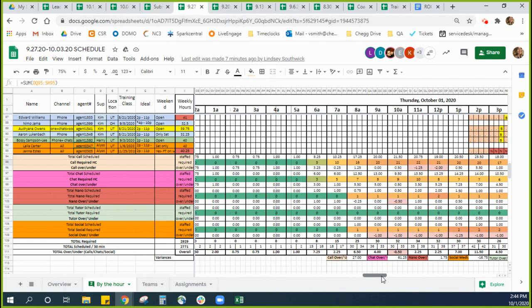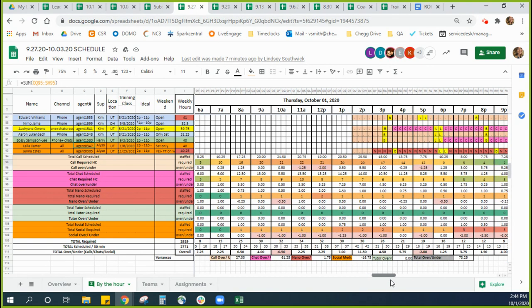But the main thing you're going to want to be paying attention to is how well we are staffed overall, so this bottom line right here, and how well we are staffed per each channel. Because as a leader, in your agent state and live monitoring reporting, you're also going to want to check out, let's see, okay, right now it's 2 o'clock on October 1st.